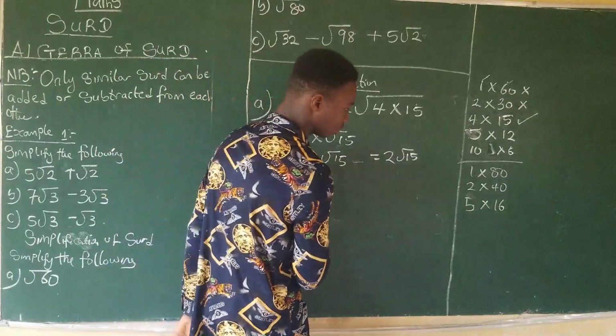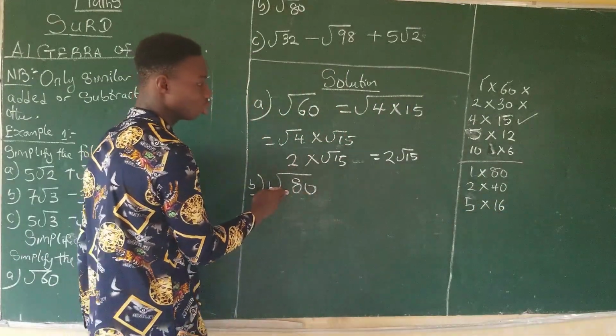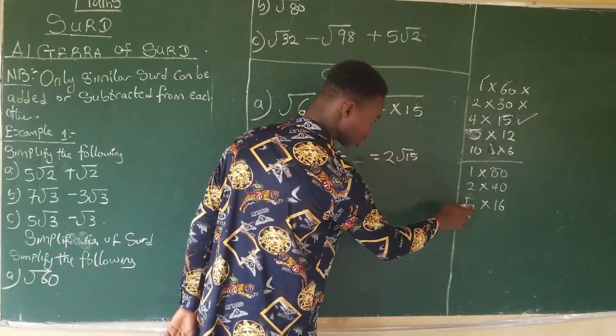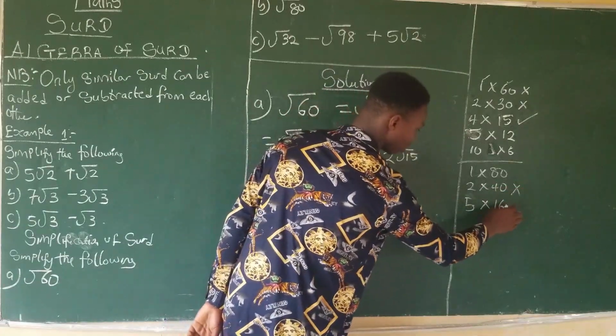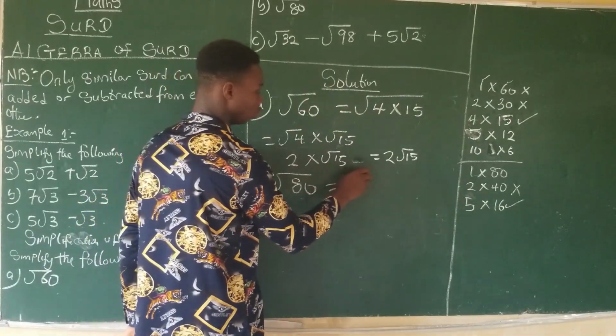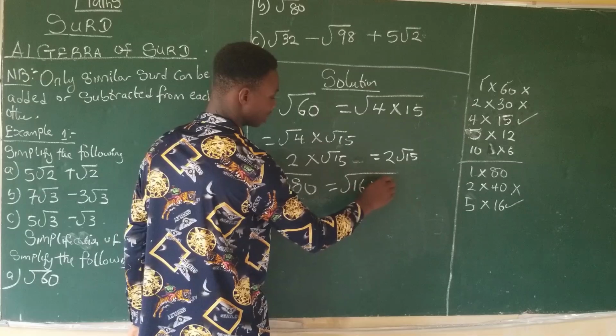But one thing you must note is that for every number you are going to use in replacing this 80, you must be able to look for one of their square roots. From here, we can look for the square root of the 16. So we can say from here, root 80 is still the same thing as root of 16 times 5.